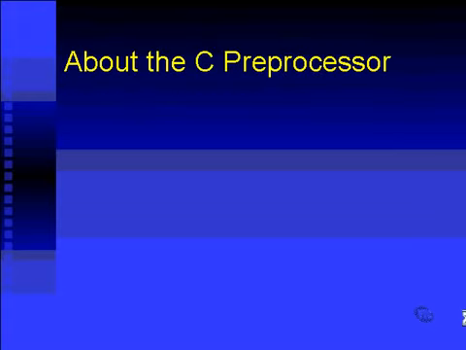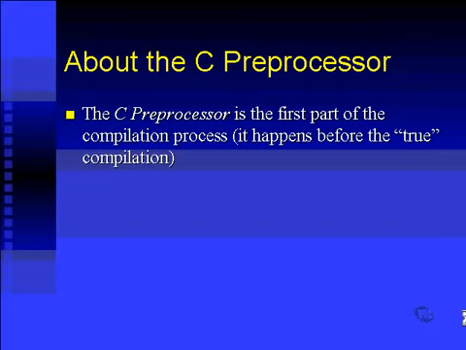Okay. The first thing you have to know about the C preprocessor is that it is part of the compilation process. In other words, when you attempt to compile a C file, the very first thing that happens is the C preprocessor does its, well, processing on that file. Once the pre-processing is done, the true compilation takes place.